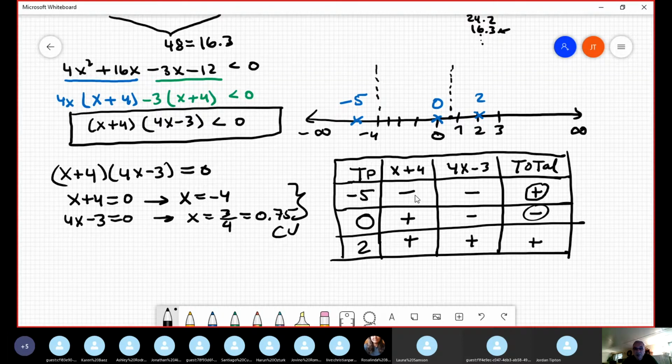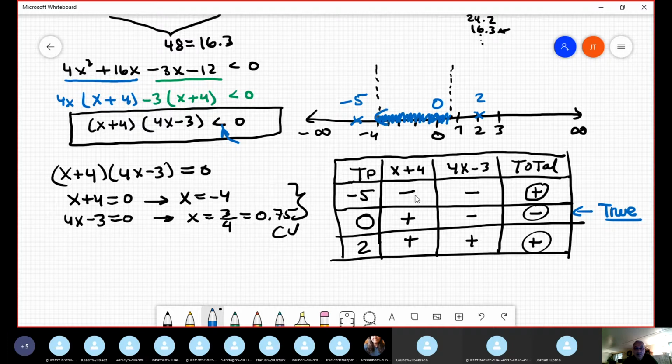Okay. Now I come back to the original inequality. I can see less than. Wow, less than is negative. So the only testing point that passes the test is this one. Therefore, I guarantee you that this interval is the solution of the inequality. Include the endpoints? No. Why not? Because we have no equal.